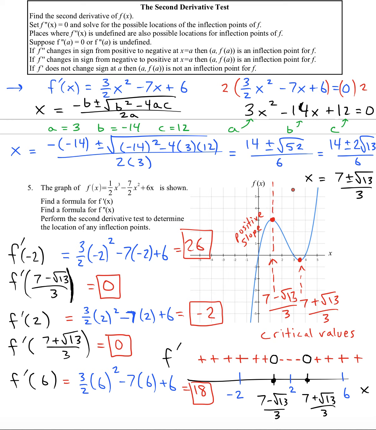Okay. Then we have a negative slope between the critical values, according to these negatives here. And then on the right, we have a positive slope.